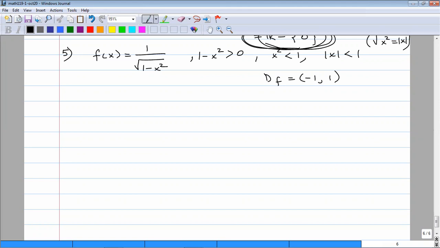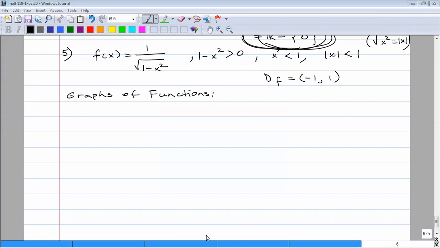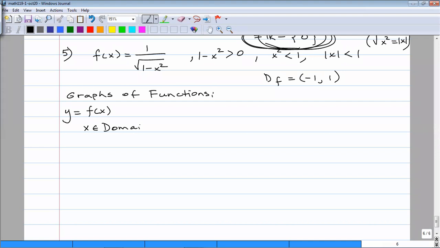Okay, I will quickly go over some basic graphs. So graphs of functions. Graphs of functions are graphs of equations. When you say y equals f of x, x is from the domain and y is from the range.